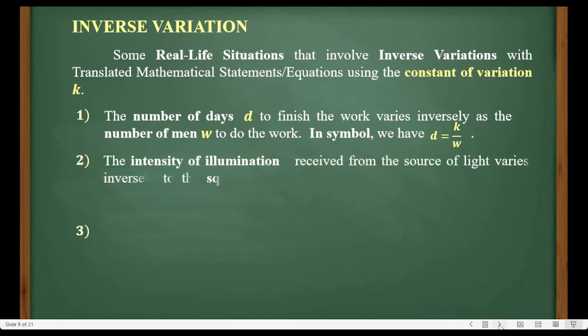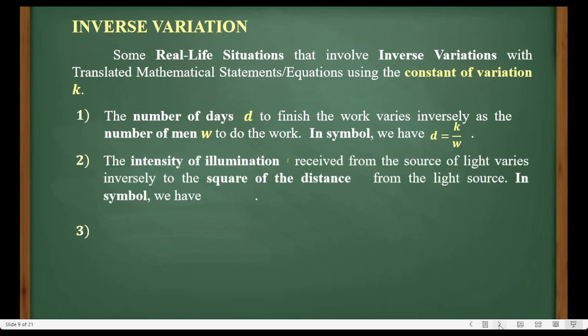Next, the intensity of illumination, represented by small letter I, received from the source of light varies inversely as the square of the distance, denoted by small letter d, from the light source. So in symbol, we have I is equal to k over d squared.